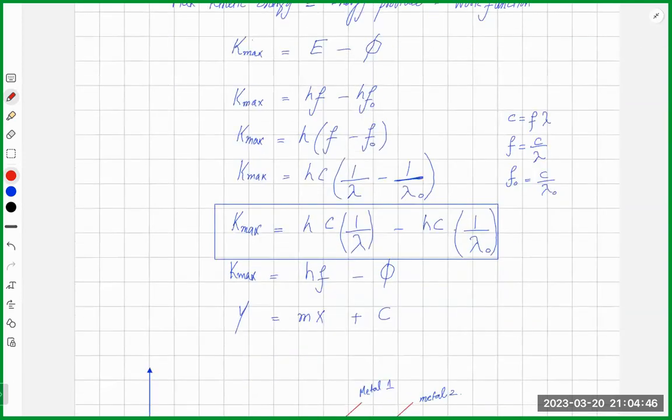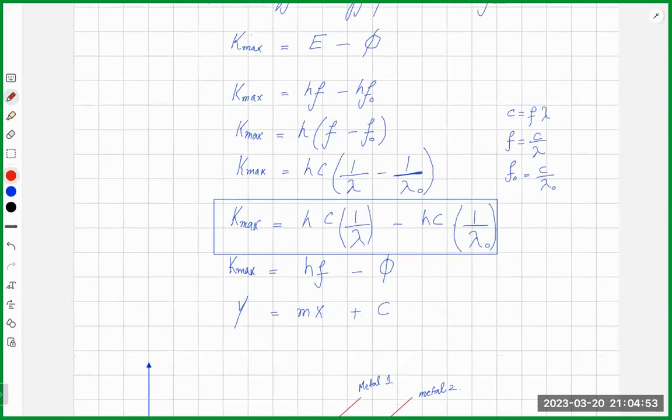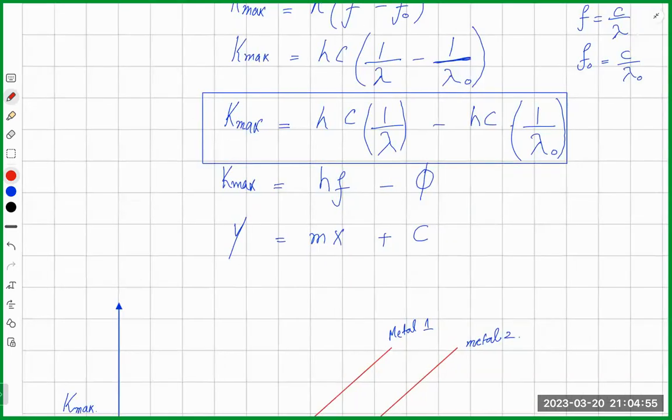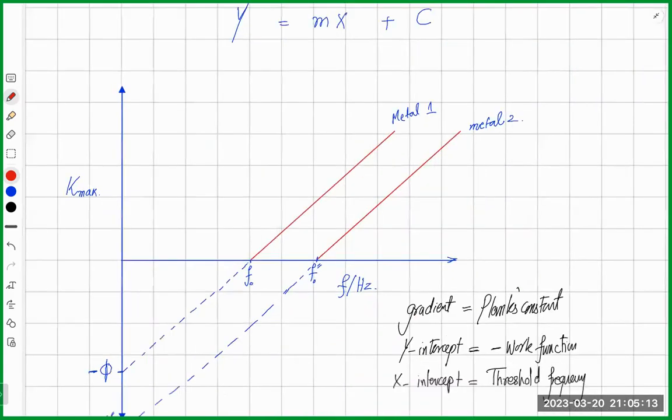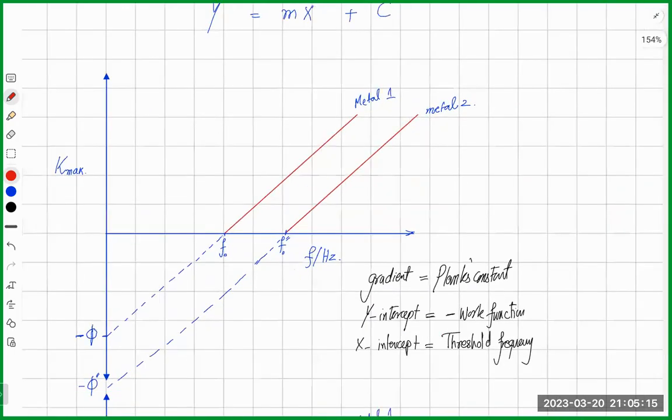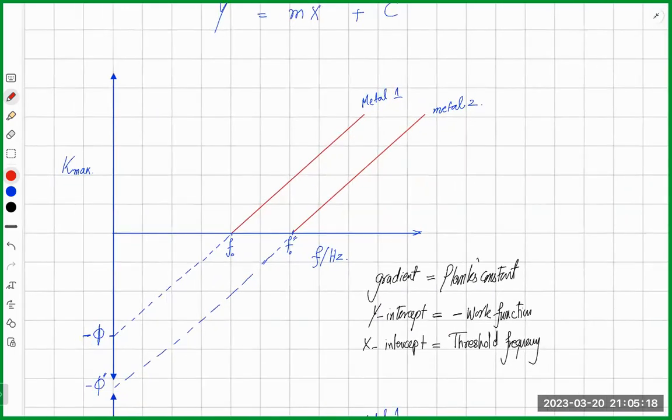The same thing can be said in different ways, and it is very important. K max equals mx plus c. If I have K max on the y-axis, y equals mx plus c is the equation of a straight line. Comparing y equals mx plus c with K max equals hf minus phi, on the y-axis I have K max and on the x-axis I have f.